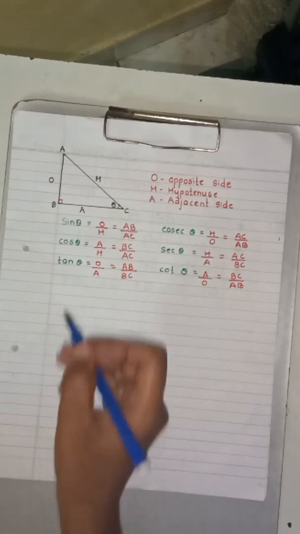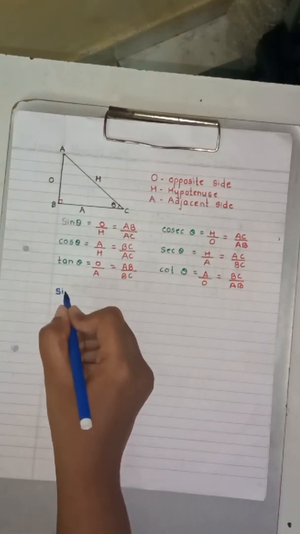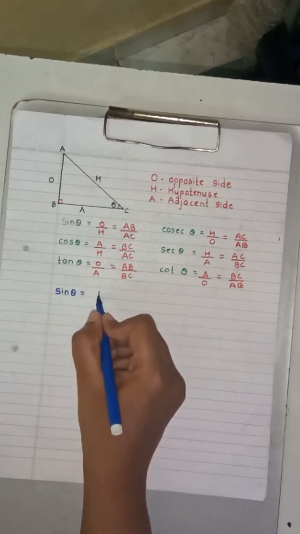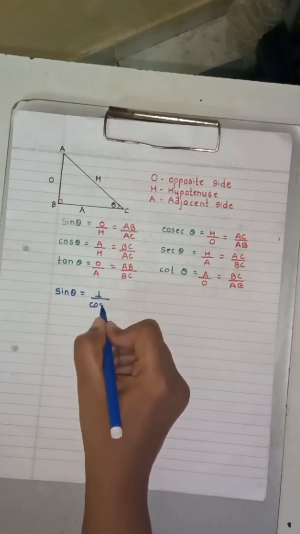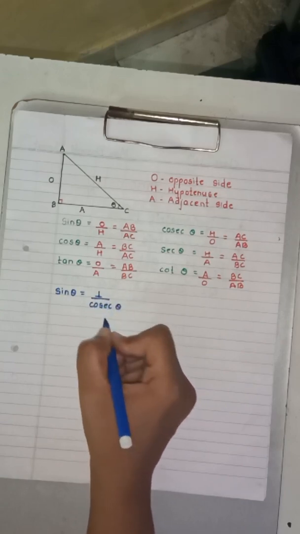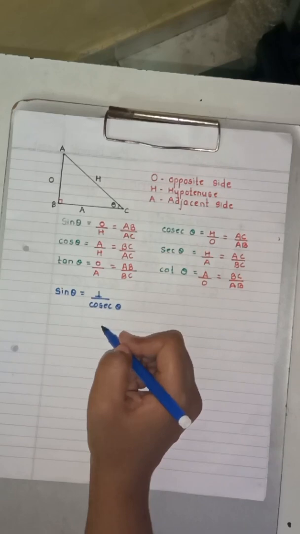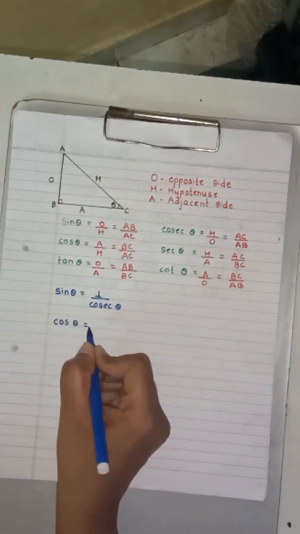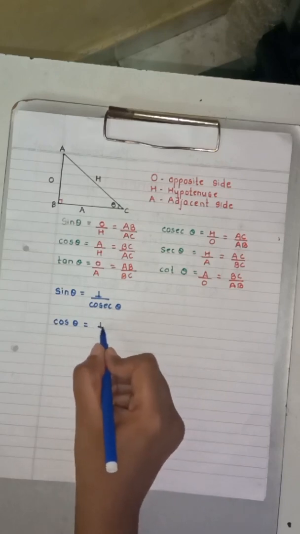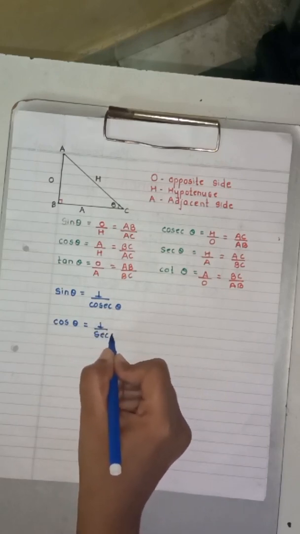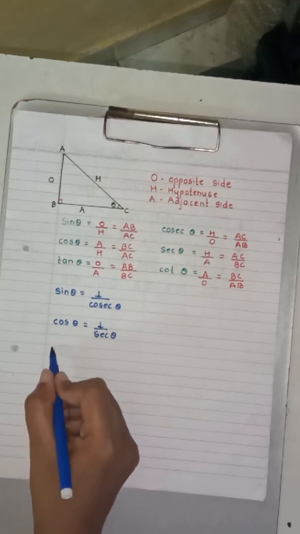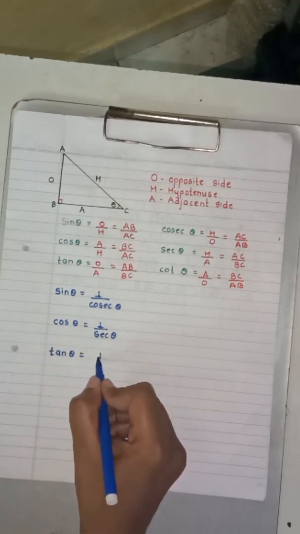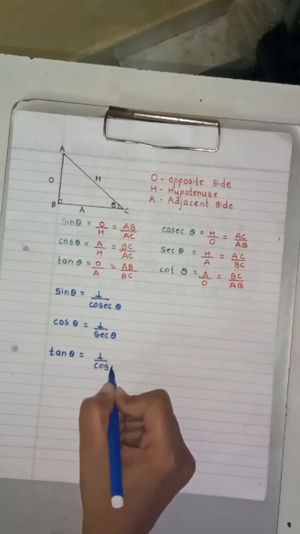Now you very well know that sine theta can also be written as 1 upon cosec theta. Cos theta can be written as 1 upon sec theta. Then tan theta can also be written as 1 upon cot theta.